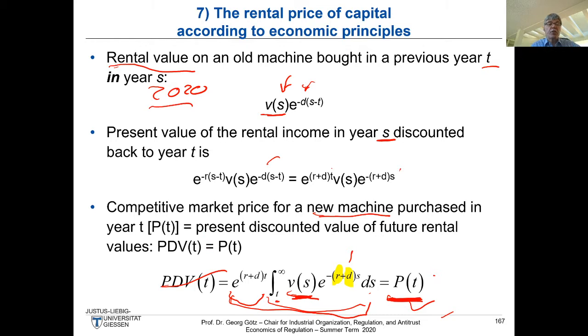If you take the derivative of an integral with respect to its lower boundary, it's just what you have in the integral, the v_s, or exactly v_t, and of course with a minus. And of course, if s is equal to t, we will just be left with that.